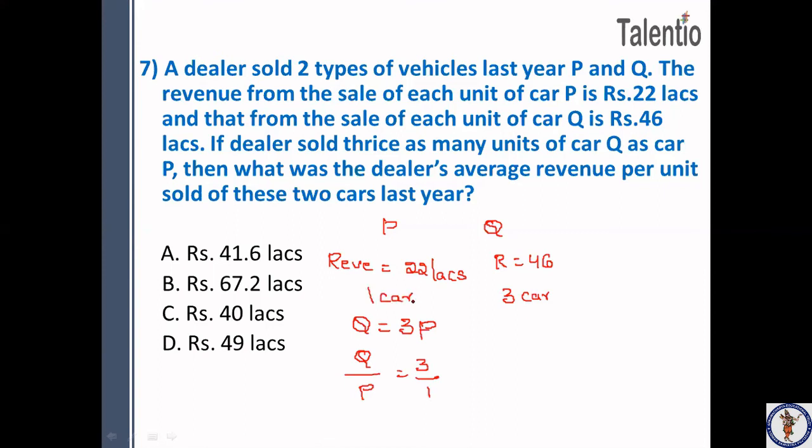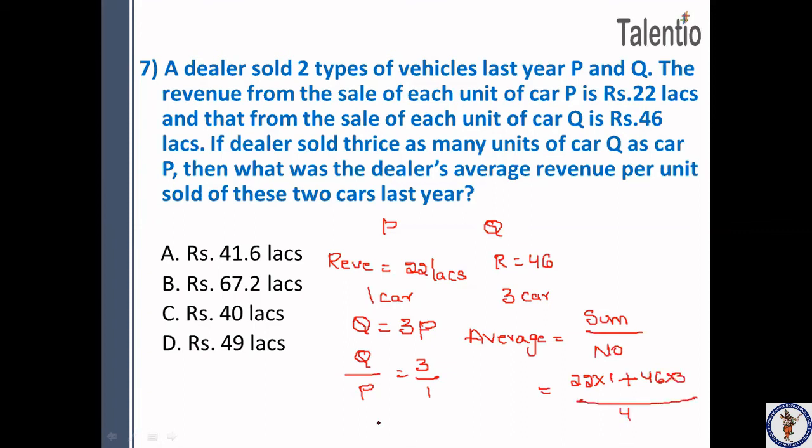Okay. Now they're asking, what was the dealer's average revenue per unit sold of these 2 cars last year? So how to find average? We already discussed that average is the sum of the observations by the number of observations. So the total revenue is car P, 22 into 1, plus car Q, 46 into 3, by total 4.